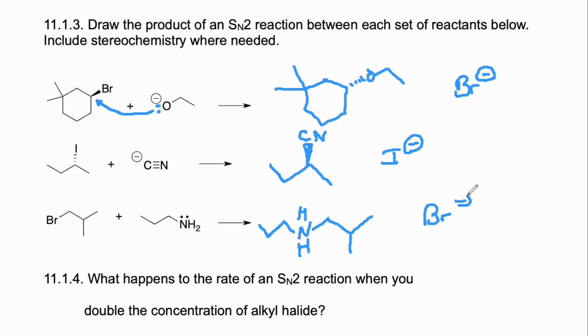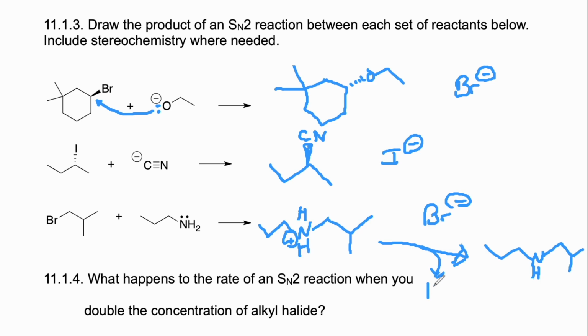So at first, if this attacks, we would have the nitrogen still having a positive charge, because we have something neutral and something neutral coming together, so we need something with a positive and something with a negative. And then if we raise the pH of that, we can get this to be a neutral nitrogen.